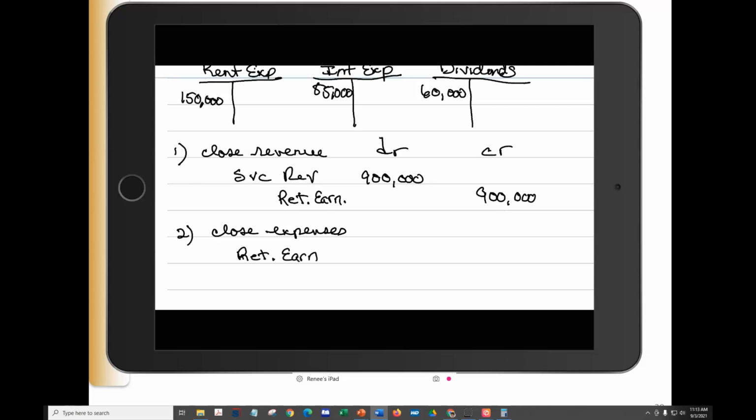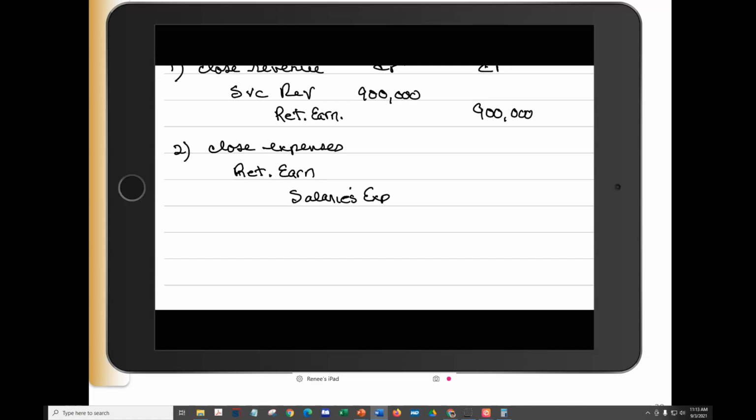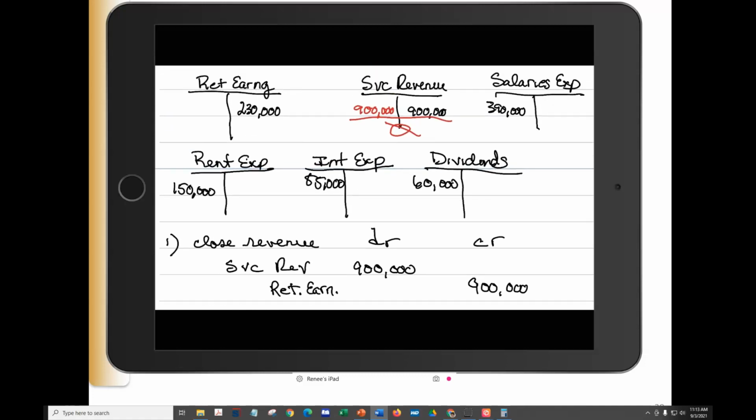I don't know how much yet, so I'm going to leave that blank. I know I'm going to credit salaries expense. I'm going to credit rent expense. I'm going to credit interest expense. And what amounts am I going to use?